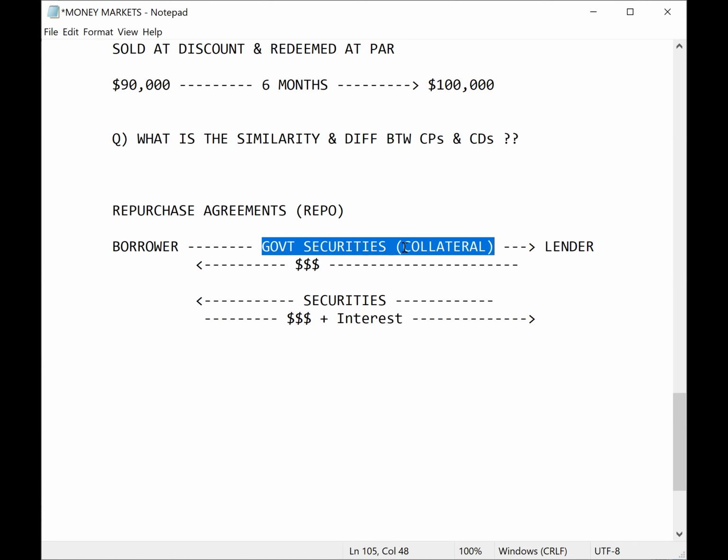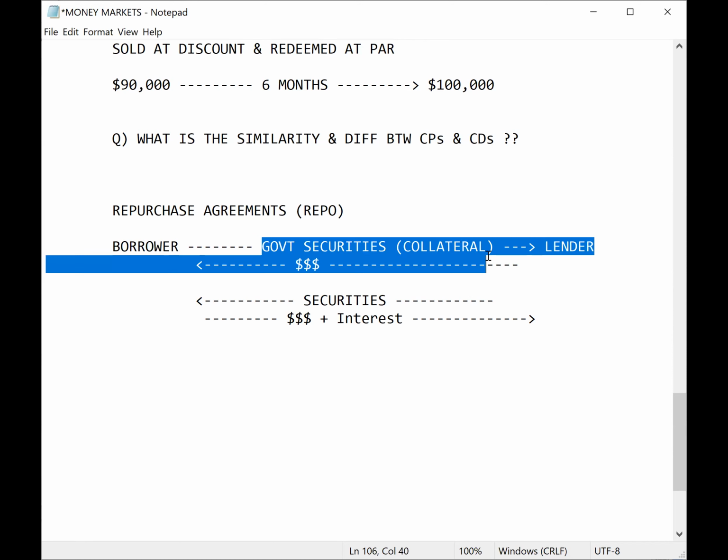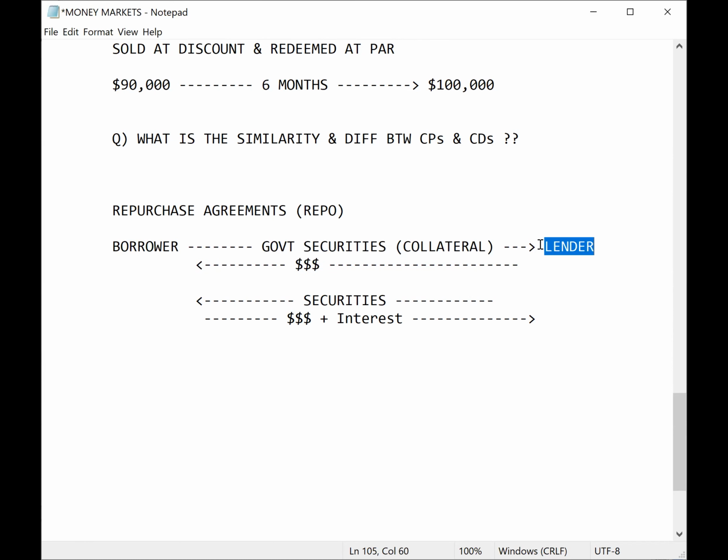You were just preparing a contract document and giving it to the lender. So there was no surety to the lender. There was no collateral. But here you are putting your government securities with the lender, saying, okay, I'm taking some money, but don't worry, you hold these securities. If I don't pay you back, you can use these securities to get your money. So these government securities are acting as a collateral for the lender so that the borrower does not default.